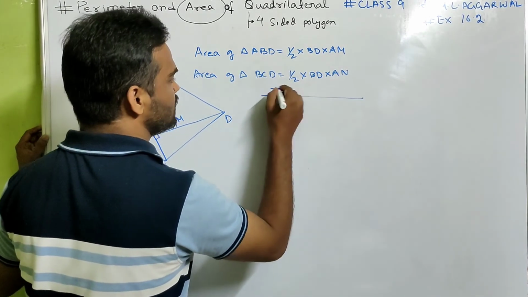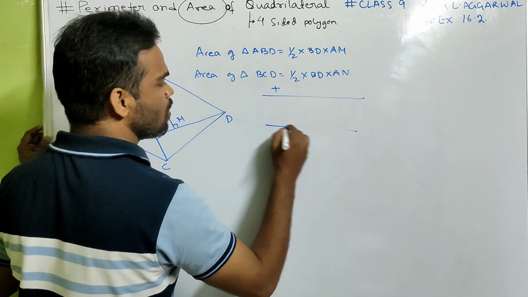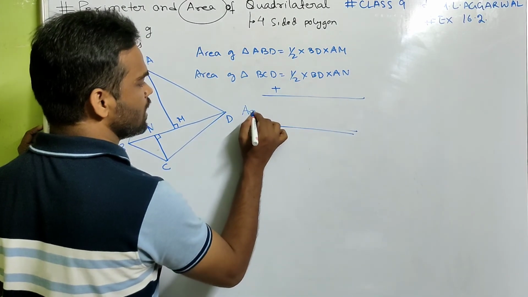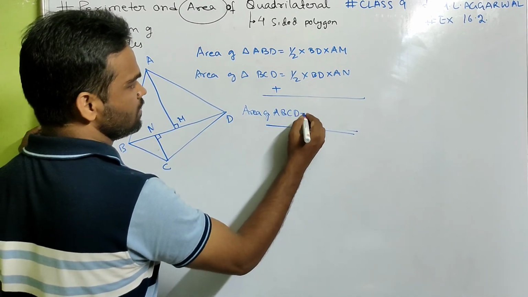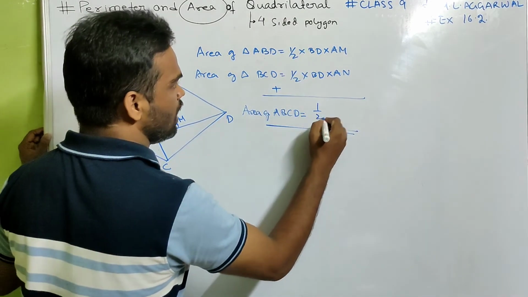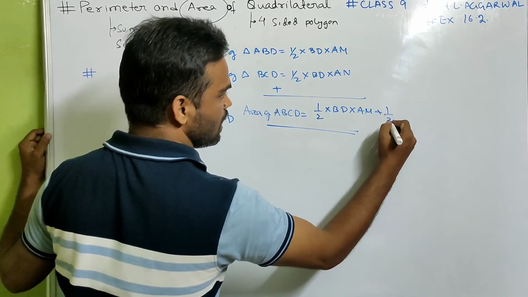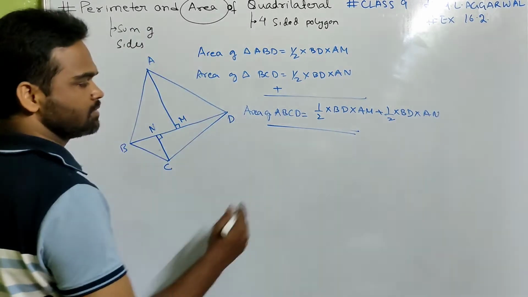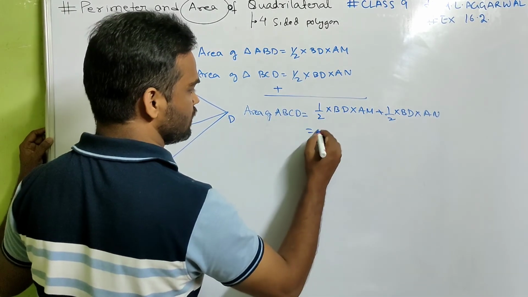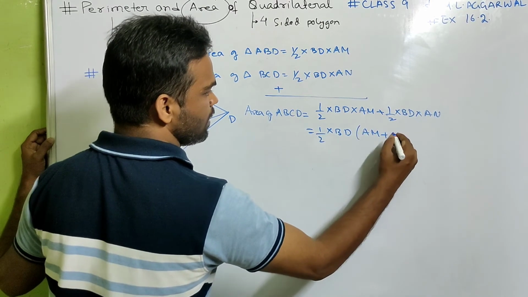When you add these two, you get the area of the quadrilateral. So area of ABCD will be half into BD into AM plus half into BD into CN, isn't it? Now, if you take half BD common, that's AM plus CN.